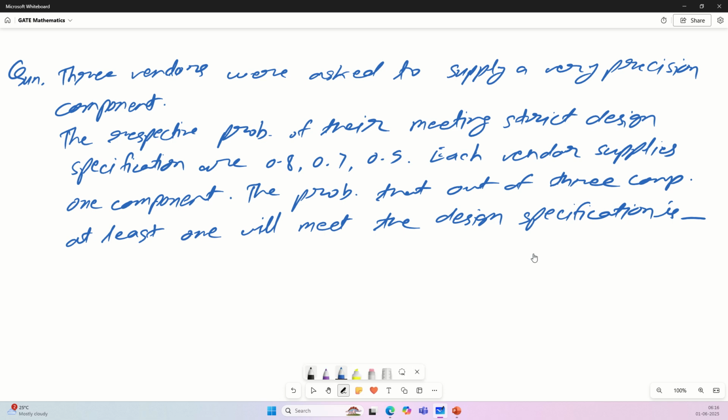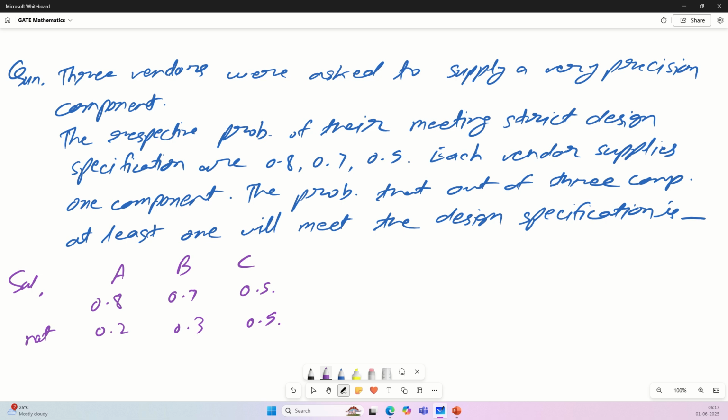So let us say we have 3 vendors, which is A, B and C, and their probability of meeting the design specification is given as 0.8, 0.7 and 0.5. So not meeting will be how much? 1 minus 0.8, that is 0.2, 0.3, 0.5. So that will be not meeting.